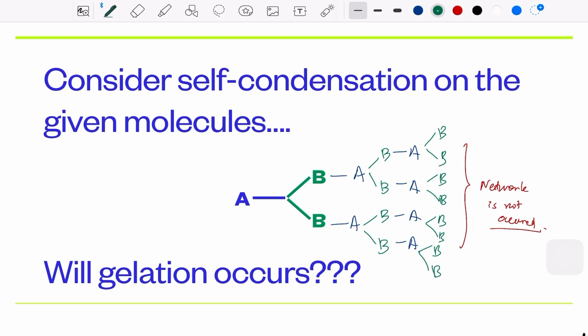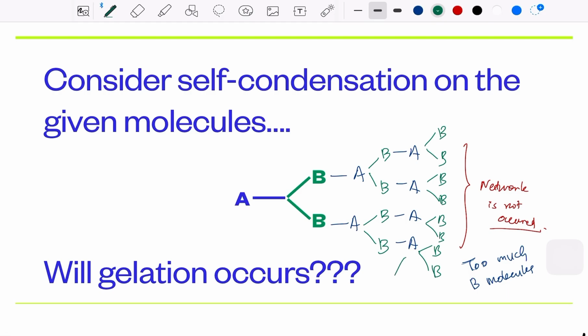It will stop because there is too much B, okay? Too much B molecules. Okay, and we cannot have any network, and the A is not enough.